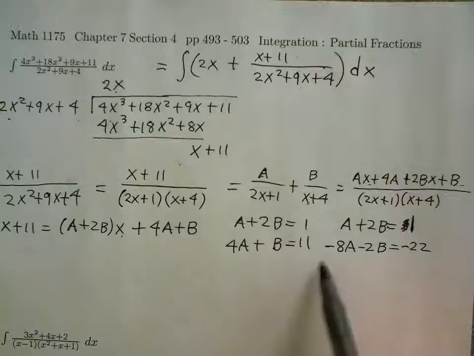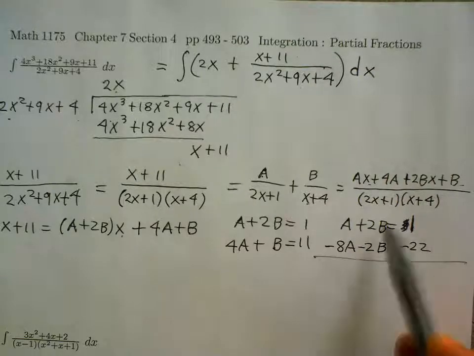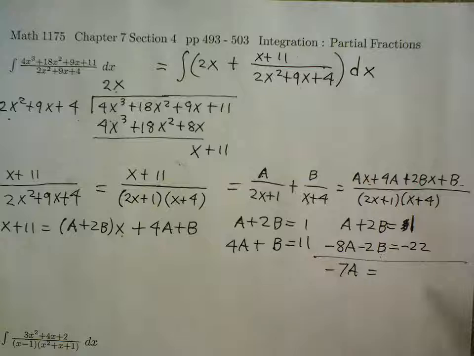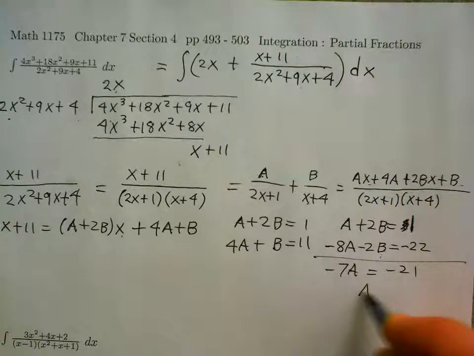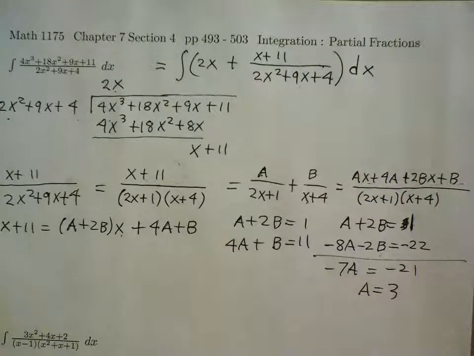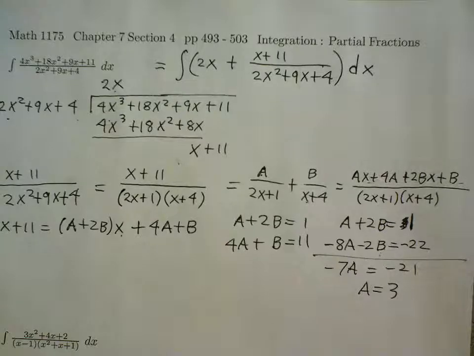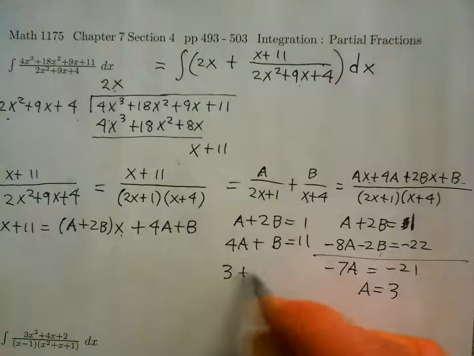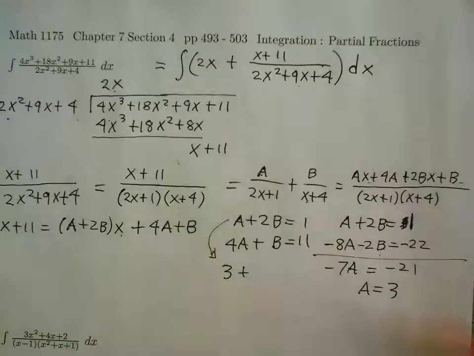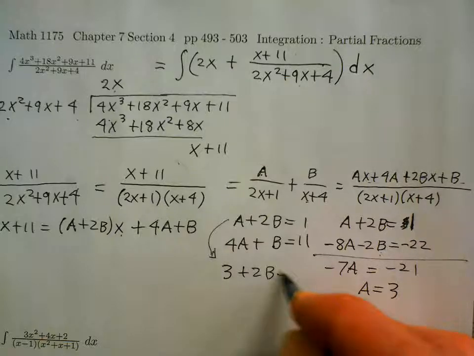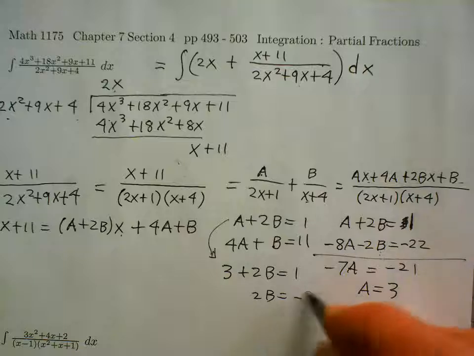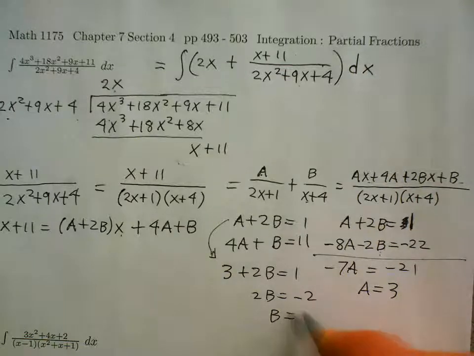Okay, then when we add these, the constant b cancels, and we get -7a equals -21, so a is equal to 3. And if a is 3, we'll use that equation: 3 plus 2b equals 1. That means 2b equals -2, and so b is equal to -1.